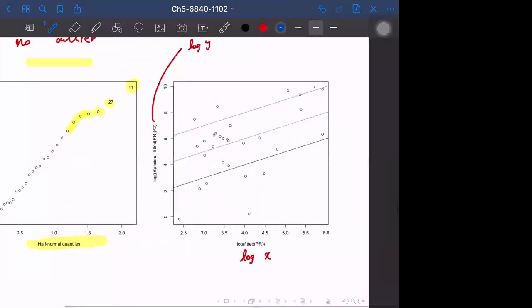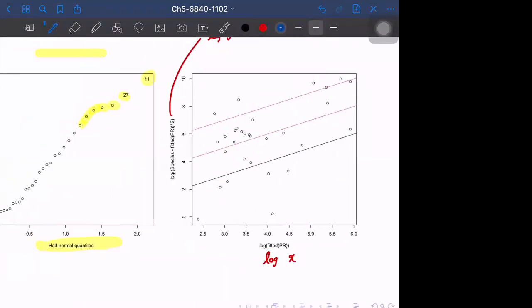The black line is log of y equals log of x. This is just the diagonal line. We have a different scale here, 2.5 to 6 and 0 to 10, but it is basically the line with slope 1 going through the origin. The second line is log of y equals 2 plus log of x, and another one is log of y equals 4 plus log of x.